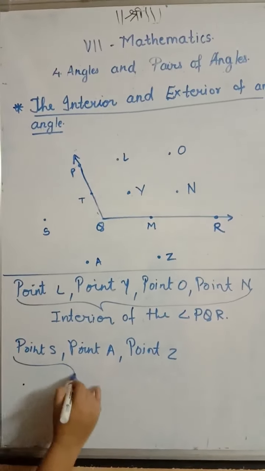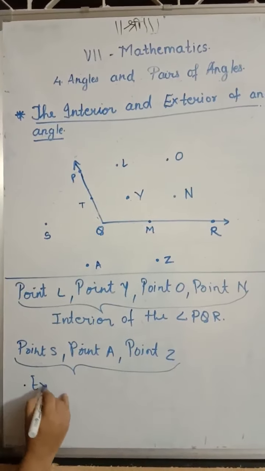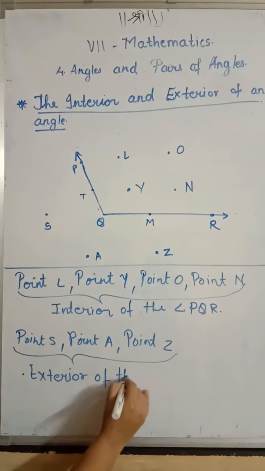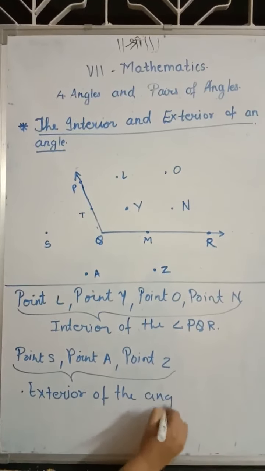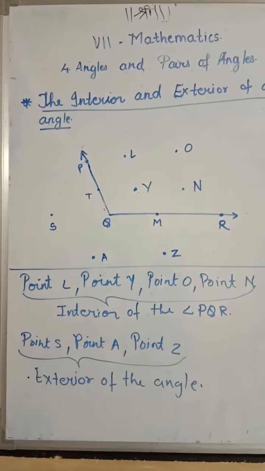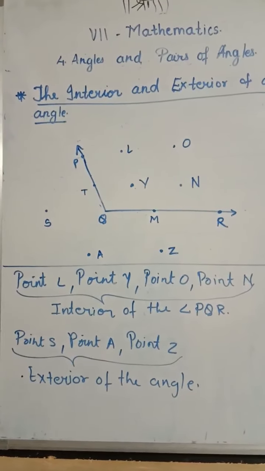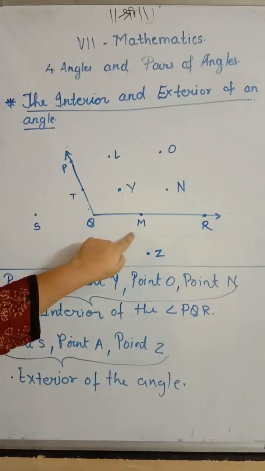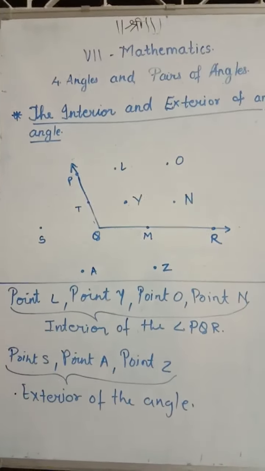So these points form the exterior of the angle. Now which are the points on the arm? Yes, they are point P, point T, point Q, point M, and point R.